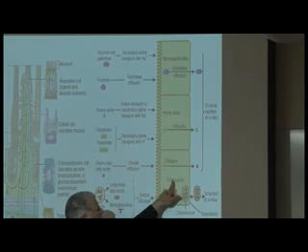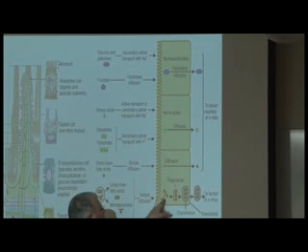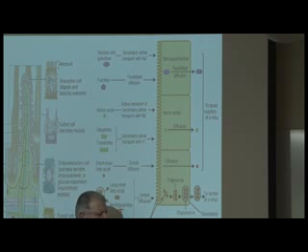Then what our cells do, our absorptive cells, is they take the monoglyceride and fatty acids and they convert them to triglycerides. And then we're going to package the triglycerides into a little packet we call a chylomicron.